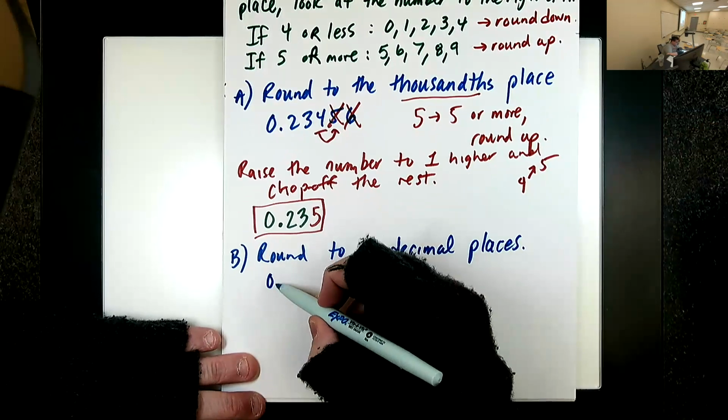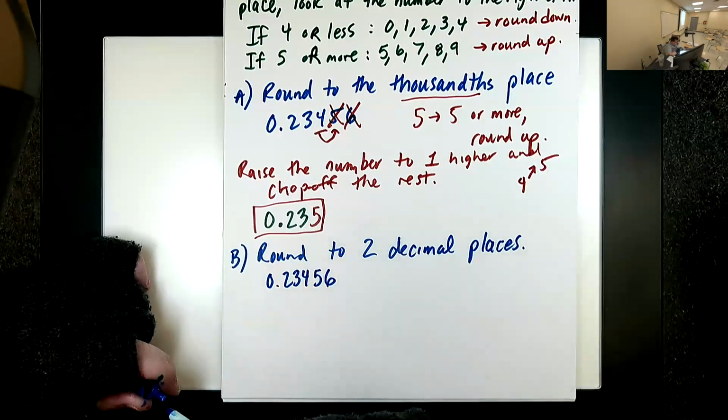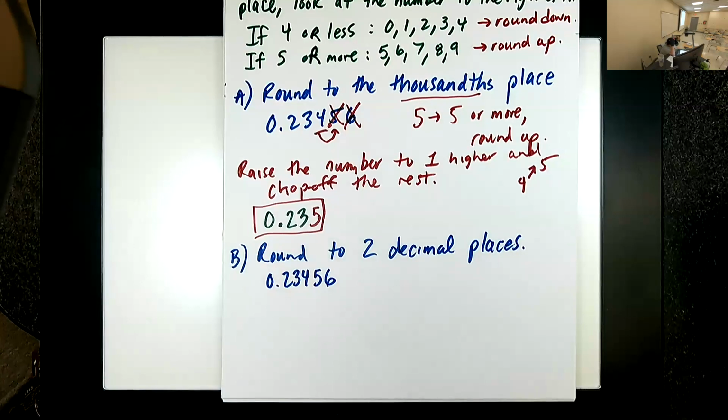And I'm going to rewrite the number. When they tell you how many decimal places, this is handy because then you don't need to remember all the place names or even stop and think about it.